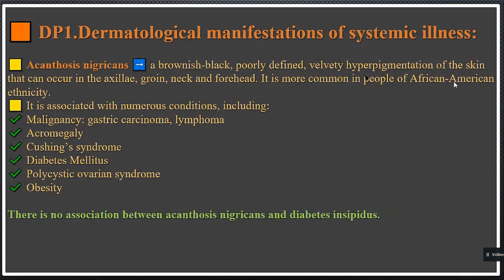Common in African American ethnicity, associated with numerous conditions. One of them malignancy, especially gastric carcinoma, lymphoma. Also maybe acromegaly, maybe Cushing syndrome, maybe diabetes mellitus, maybe polycystic ovarian syndrome if female, maybe obesity. If they give you any option in the question like diabetes insipidus, don't choose it.